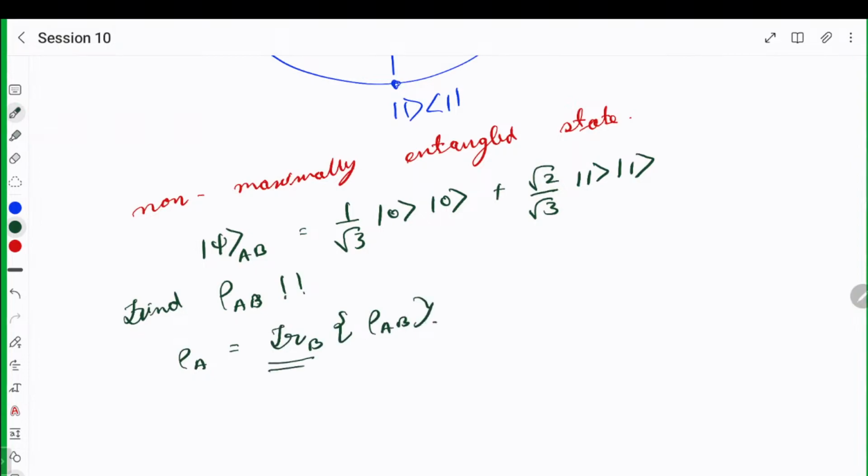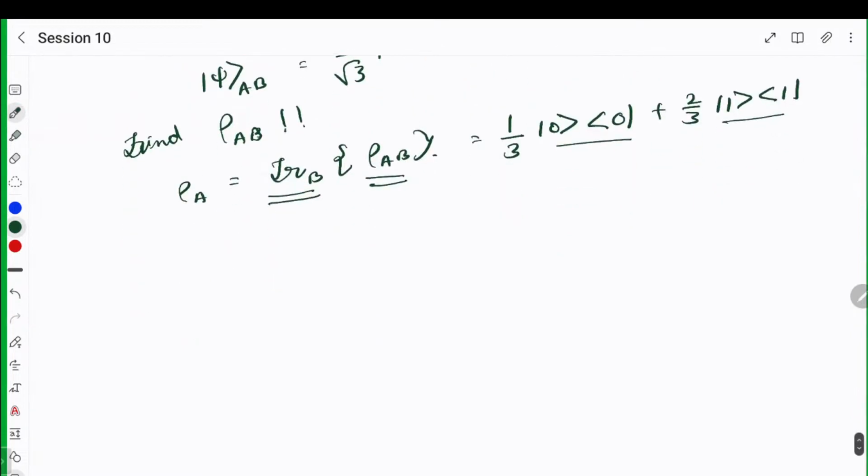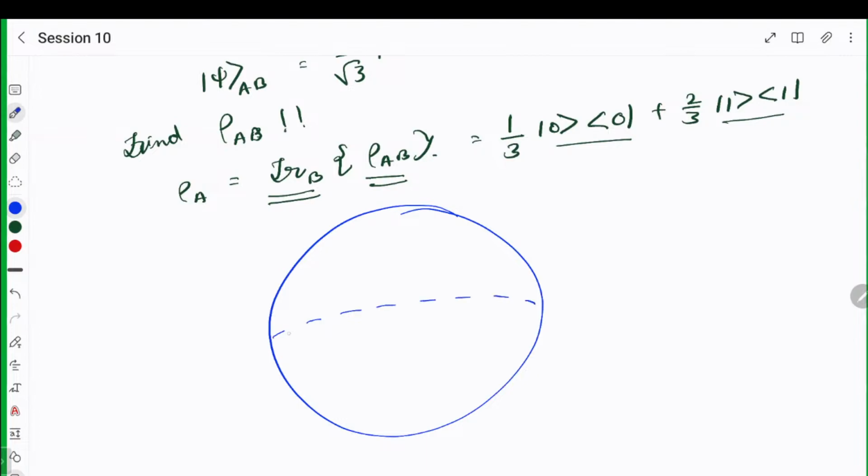So trace over B of rho AB, and you will find this is something like, I did the calculation beforehand, I'm just telling you the result, 1/3 |00><00| plus 2/3 |11><11|. And if you locate this on the Bloch sphere, this is |0>, this is |1>, and it would be a point which would divide this line in the ratio 1:2.